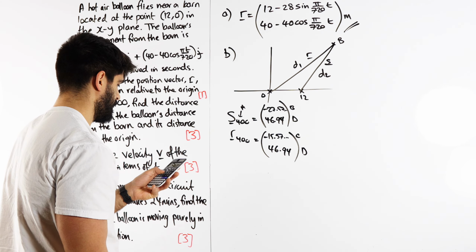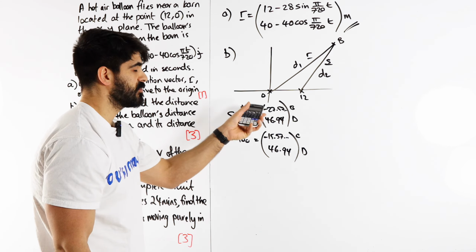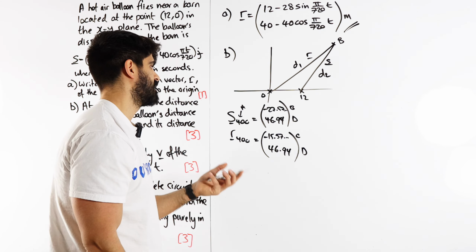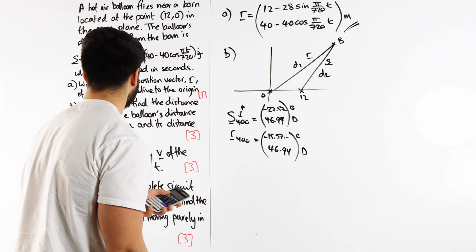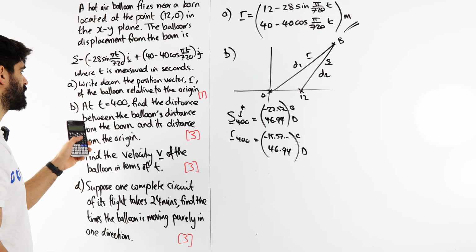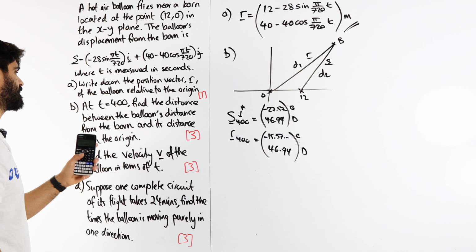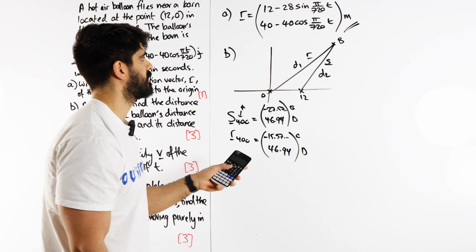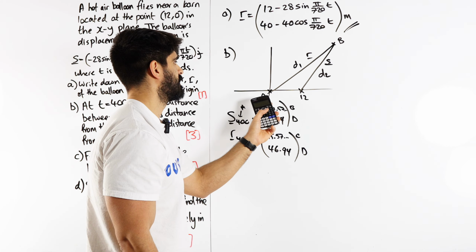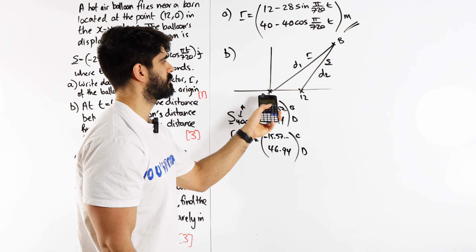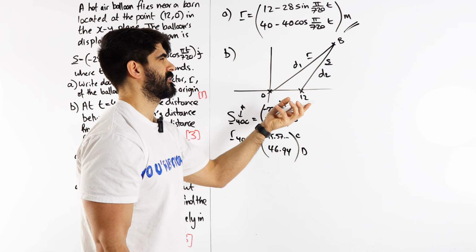All right. Now the next thing is we just need to do Pythagoras to them and then take them away. Okay? So it says, find the distance between the balloon's distance from the barn and its distance from the origin. So it's not saying what's the distance between these two, which wouldn't even make sense anyway.